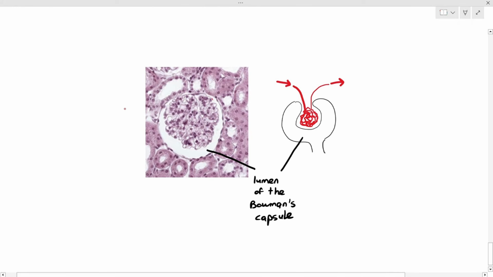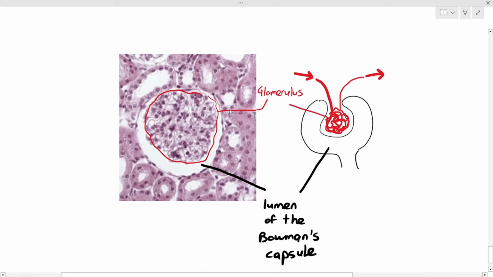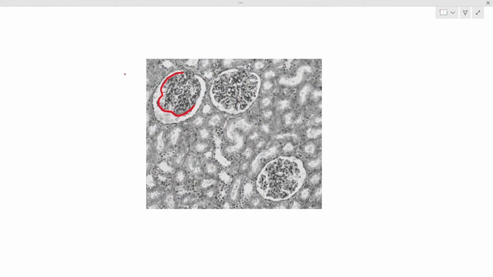The whitish gaps are just the lumen of the Bowman's capsule, or the empty space where the filtrate, or the liquid, is supposed to leak through. And that red color area where I'm outlining is known as the glomerulus, that tightly coiled up space. So you must be able to identify these structures in the exam as well.